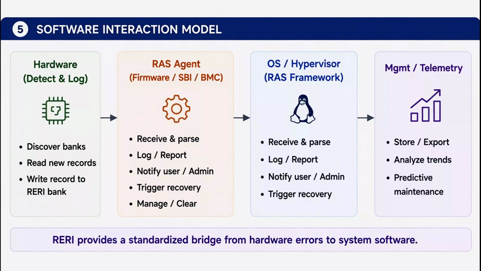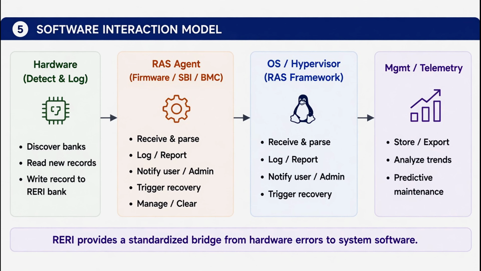Here, a timeline of a single error from the software side is shown. Hardware detects and logs, writes a record into the RERI bank. The RAS agent, firmware or SBI, discovers banks, reads new records, formats them to the OS standard like CPER, and manages and clears them.